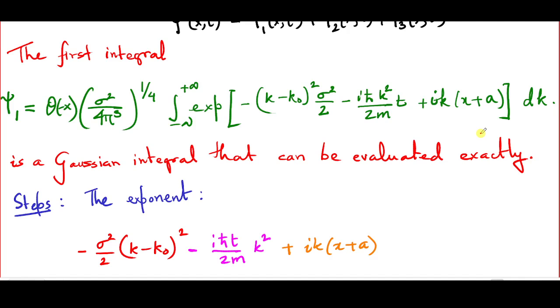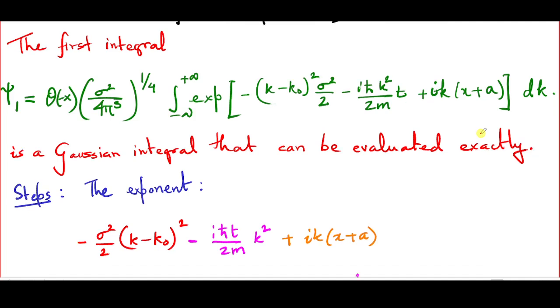It turns out, not so much for this integral, but for the other integrals that we need to calculate, expanding in powers of k minus k0 is actually better. For this one, you can do it either as a polynomial in k or a polynomial in k minus k0. Both ways you are going to get the same answer. But this is slightly more convenient here and way more convenient for the other two calculations.